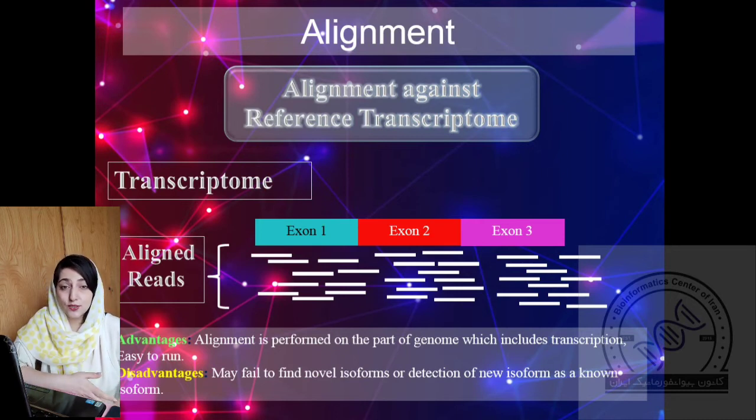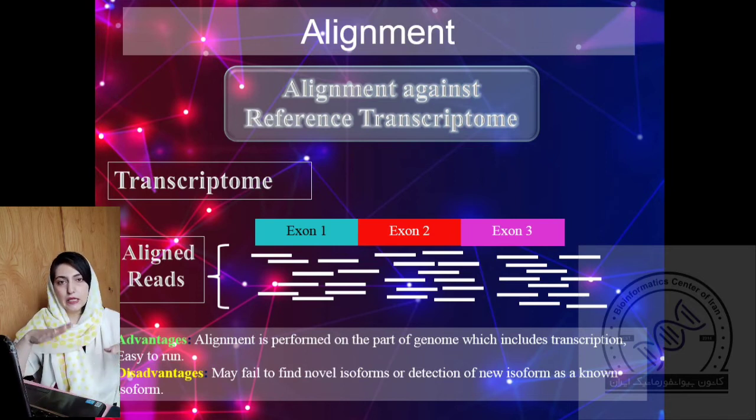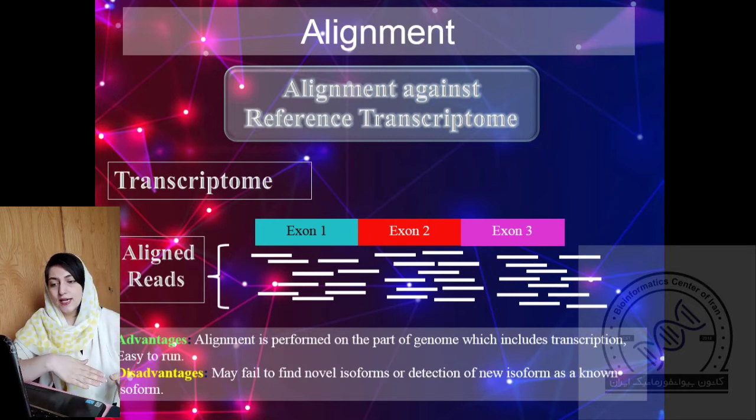So if there is a novel isoform, we couldn't recognize that using alignment against the reference transcriptome. But this is very good because it has a shorter runtime, and it also uses less memory on your computer system, and it has its own advantages and disadvantages.